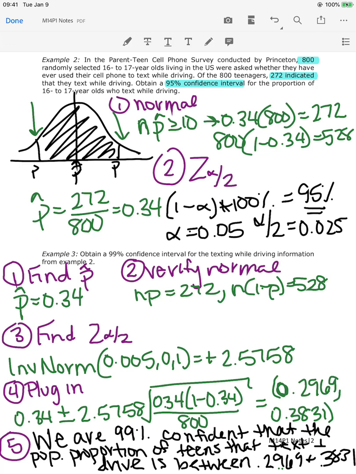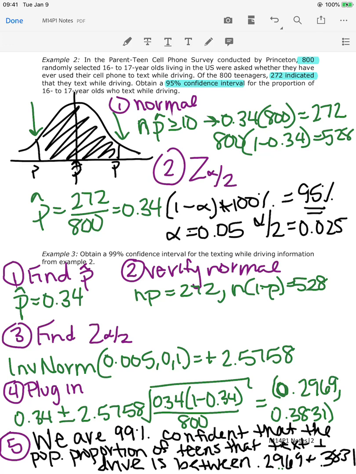Then take the p hat that you found and the z-score that you found and plug each of those values into the confidence interval equation. Get your answers once by doing the equation with a subtraction, again by doing it with addition, and then finally write out your interpretation.